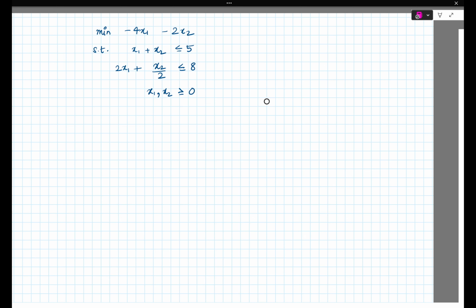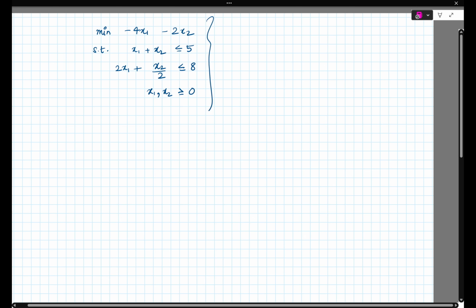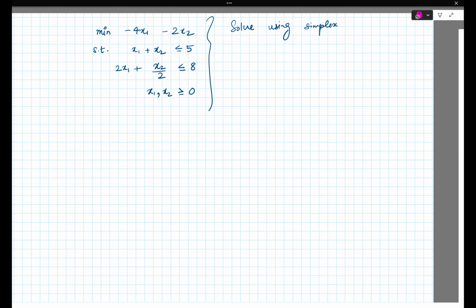You need to solve this LP using the simplex method. So as we saw, the first step is to make this into the standard form.